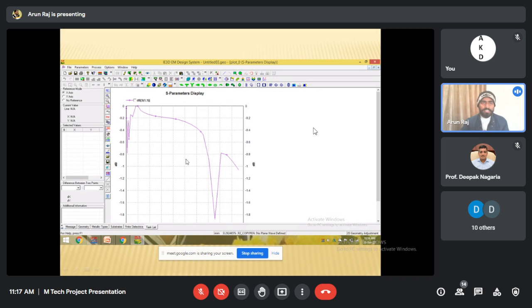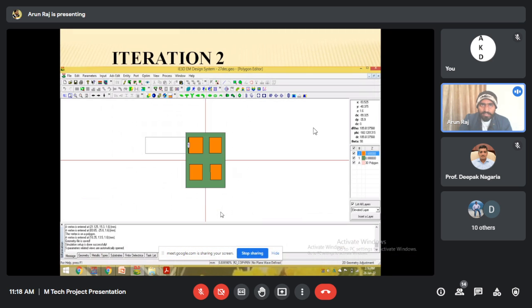So, sir, these are different frequency points. I get a result of minus 1.8 here. And here is equation 2. This is the square array patch antenna.